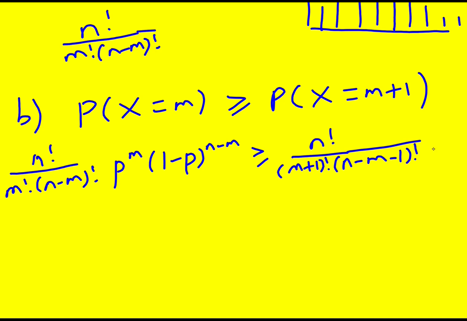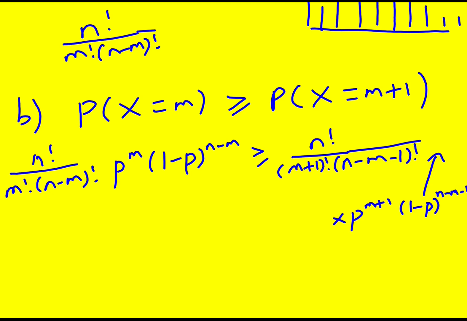And I'm running out of space, so I'm going to be multiplying by p to the m plus 1, and then (1 minus p) to the n minus m minus 1. Again, I'm subtracting m plus 1 in a bracket, so I can just get rid of that bracket and write n minus m minus 1. You can see when I multiply these two together, I'm going to be left with n. So there's definitely n successes or failures involved.